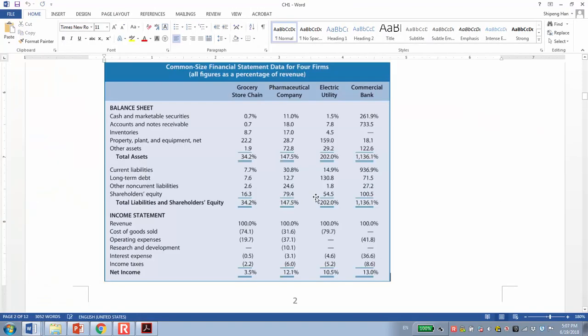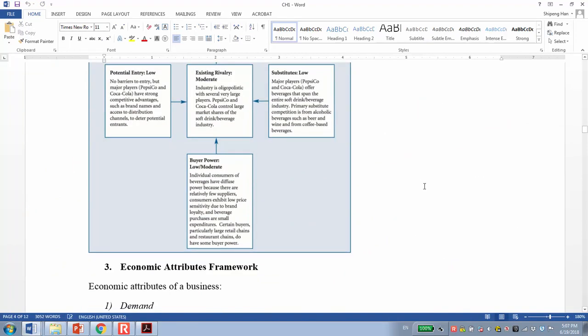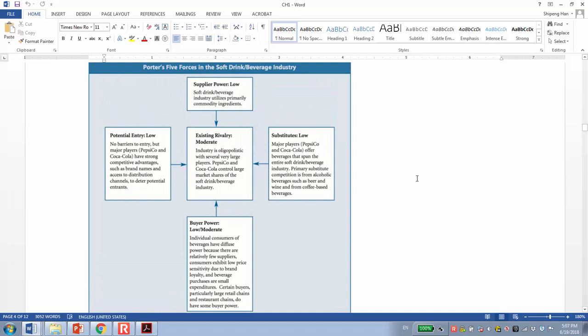So in my note also in the book, this is an exhibit shows the analysis of 5 forces. Okay, you can define the forces is either low, moderate, or high. Okay, so this is a part of work based on your own judgment.